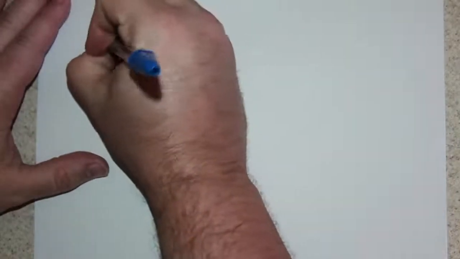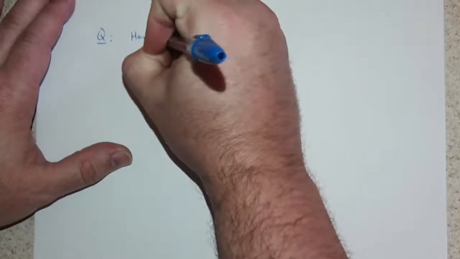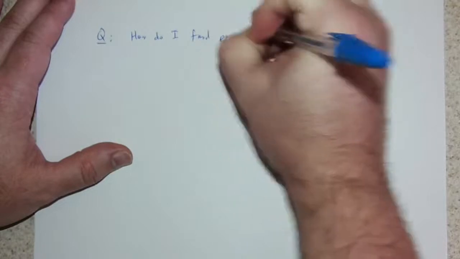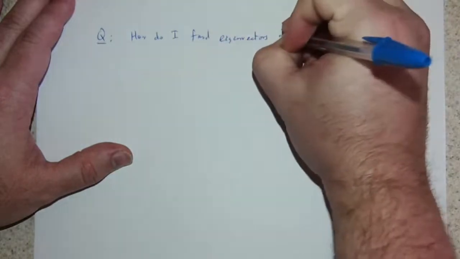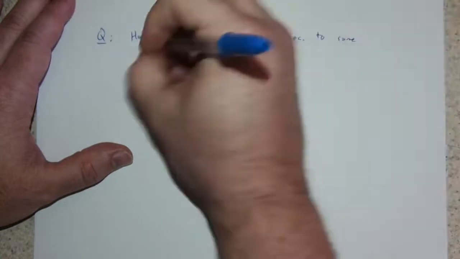So now the big question, and it's the last remaining thing to do before I can actually say how to use this new data that we have: how do I find eigenvectors associated to some eigenvalue?